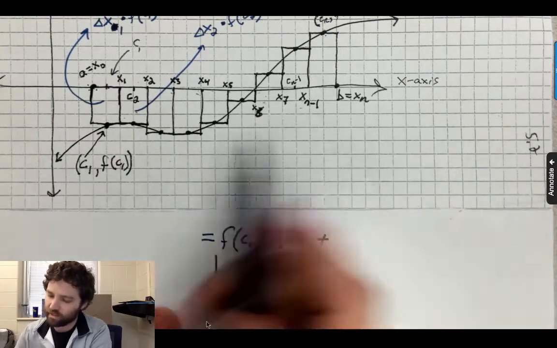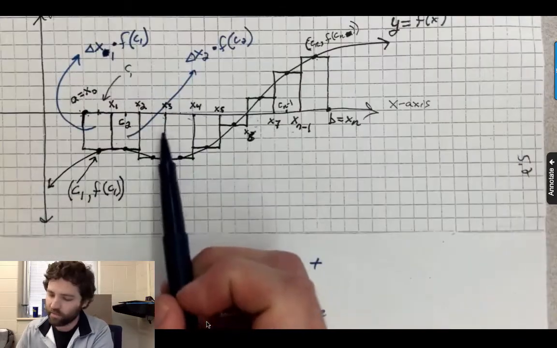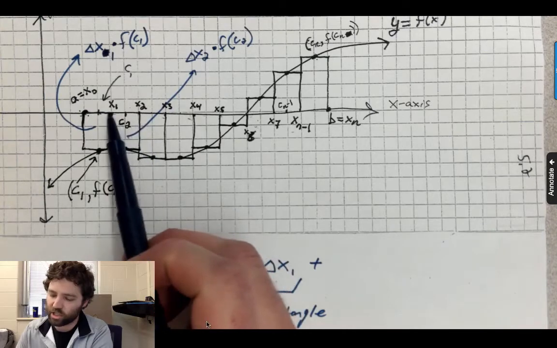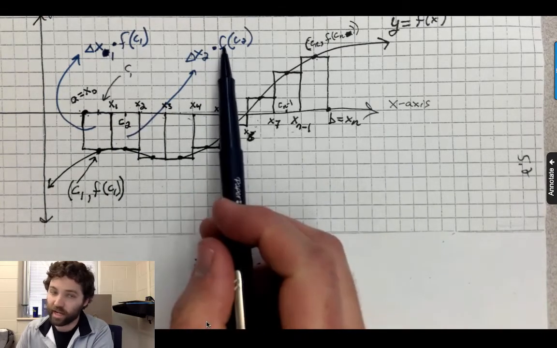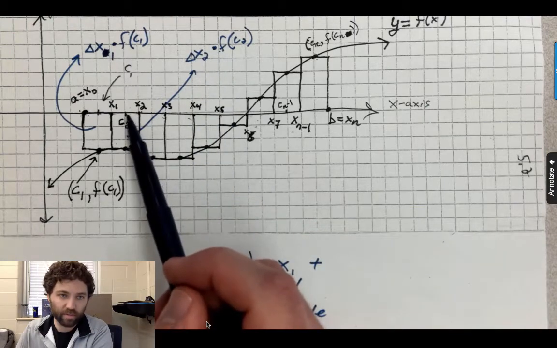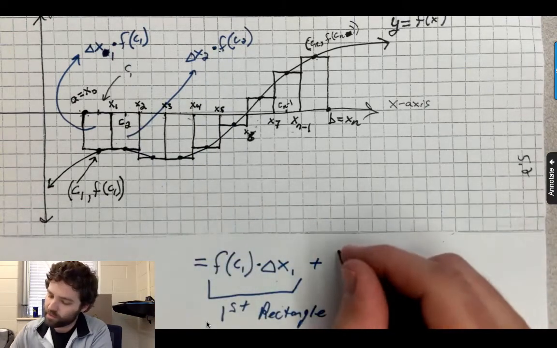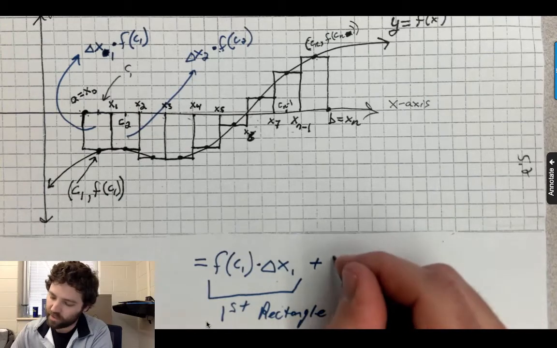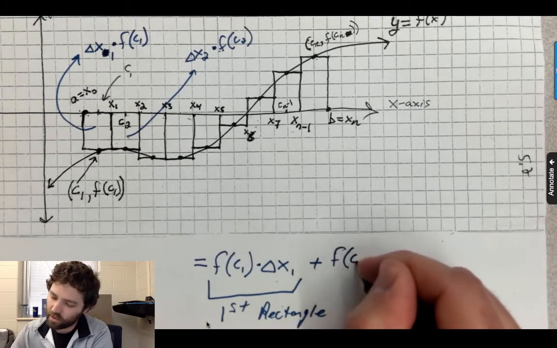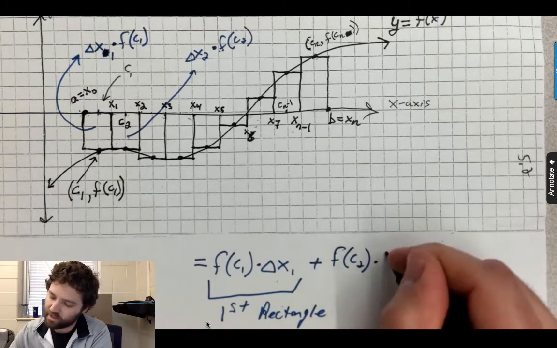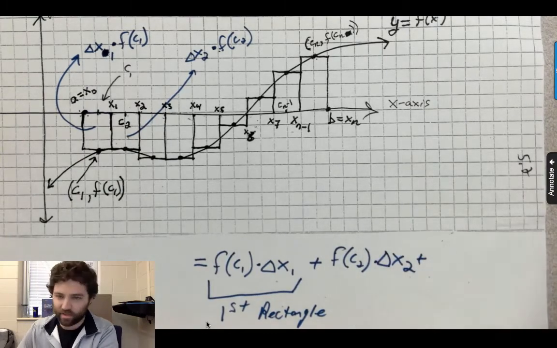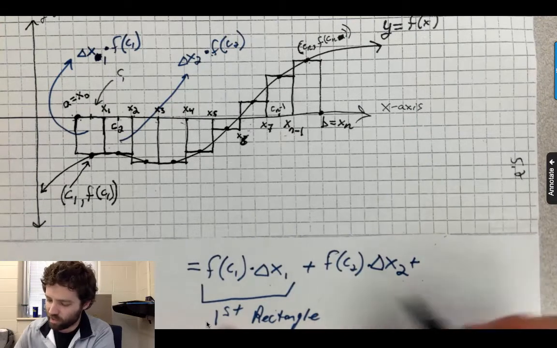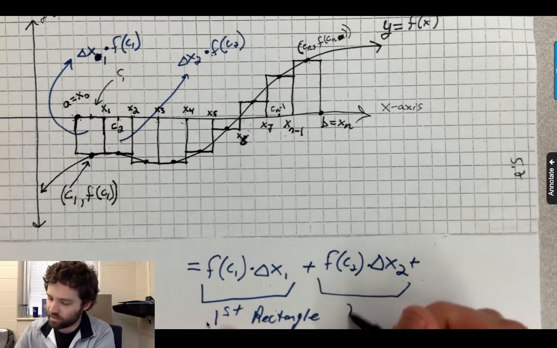Plus the second rectangle. Well, the second rectangle we just wrote out, it will be delta x sub 2, so that's the change in x at the second interval. And then times the function height at the second interval. So that'd be f of c sub 2. So let's write that down. So f of c sub 2 times delta x sub 2 plus, and I'm getting kind of tired of writing this over and over already. Again, this is the second rectangle, just to be clear.